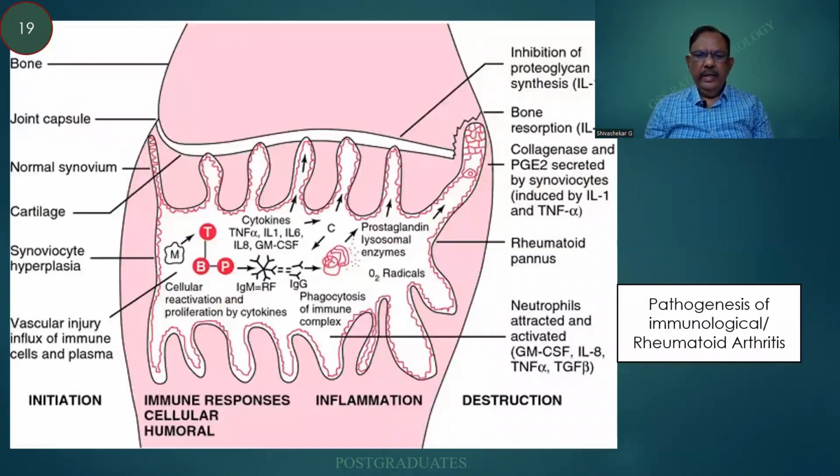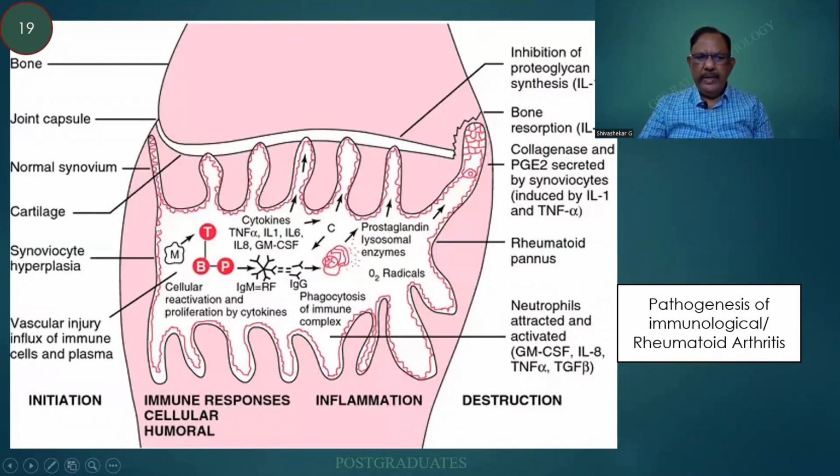This is again a pathogenesis of rheumatoid arthritis, not indicated in the question of synovial biopsy, but it is a wonderful diagram which I would like you to go through and draw in your answer on rheumatoid arthritis or otherwise. The normal structures are mentioned over here.